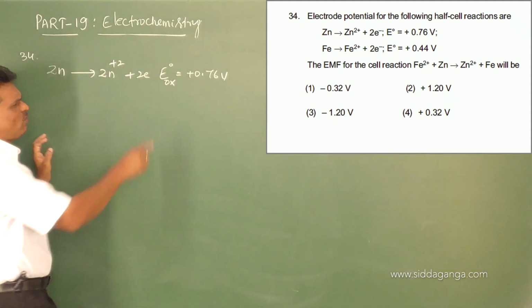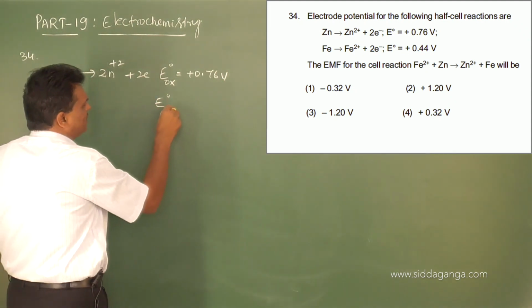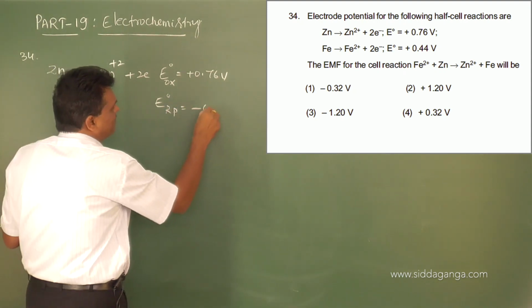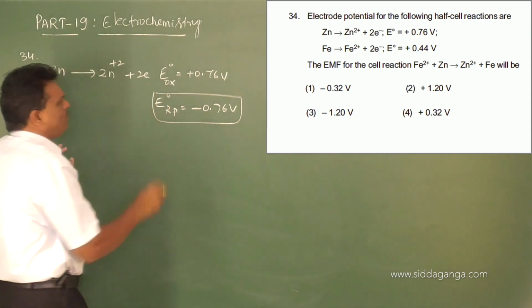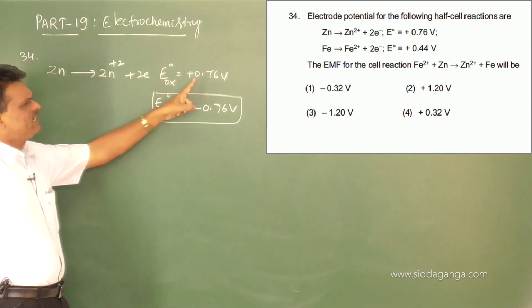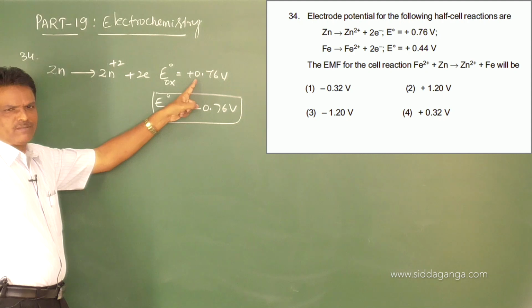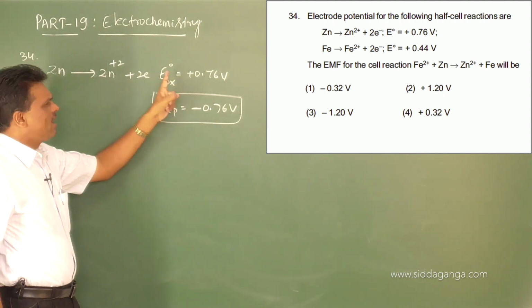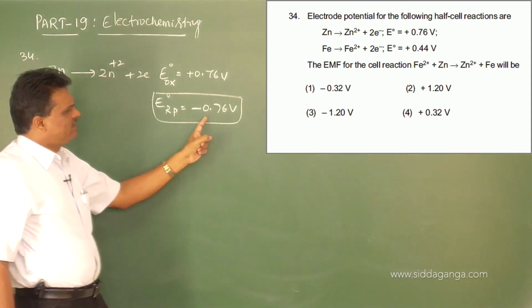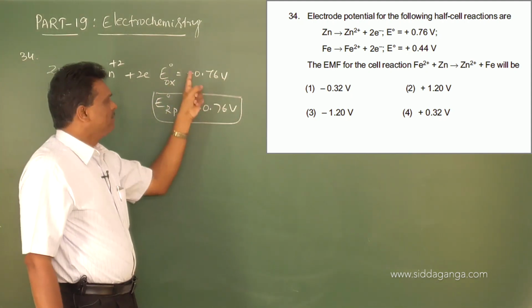Is it clear? So what is its reduction potential? The reduction potential is minus 0.76 volts. This should also be remembered. Oxidation potential of zinc is plus 0.76 volts. Reduction potential of zinc is minus 0.76. The oxidation and reduction potential values are the same but with opposite signs.